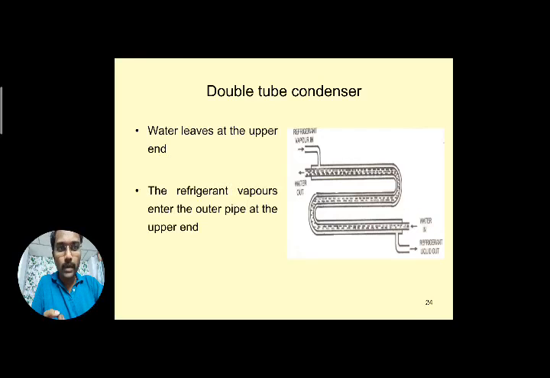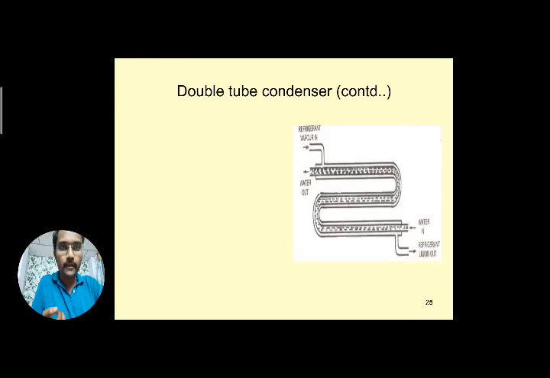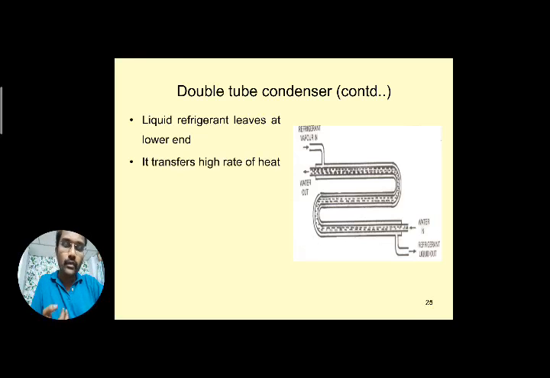So the refrigerant vapor is entering at the upper end. Now the liquid refrigerant leaves at the lower end. So after changing its phase, it is collected at the bottom. So it transfers a high rate of heat when compared with the other condensers you have seen till now. So it has a high rate of heat transfer.